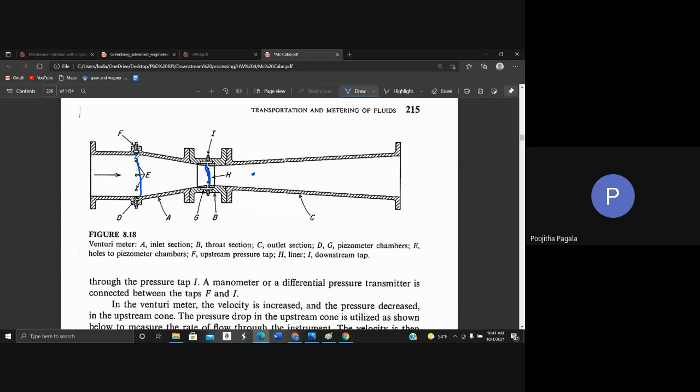So we can clearly see that if the area here is A1 and the area here is A2, A1 is greater than A2, which means V1 should be less than V2, because we know that for incompressible fluid, the continuity equation states A1 V1 should be equal to A2 V2.